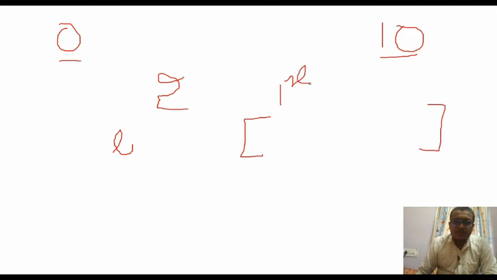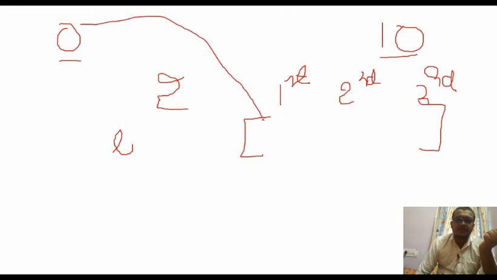The first thing is you have 3 variables here: first, second, and third. In the first variable, the starting iteration value. The second one is the ending iteration value.